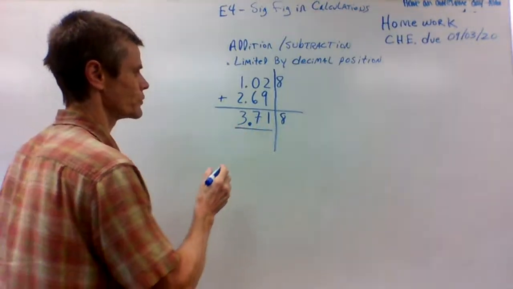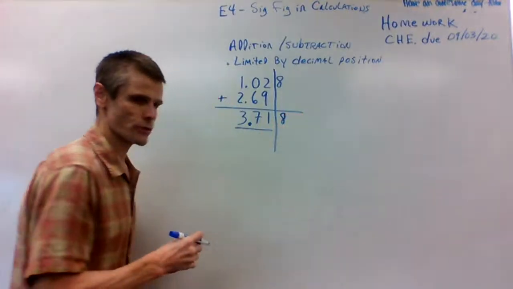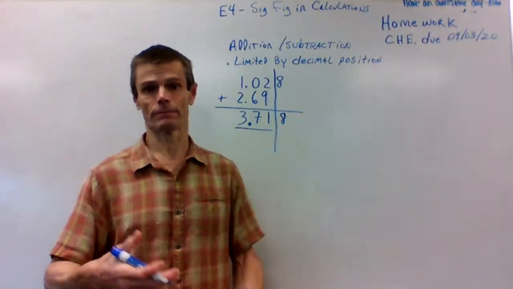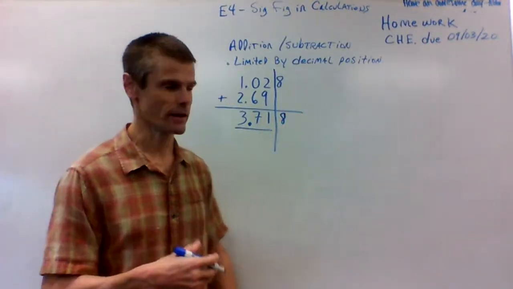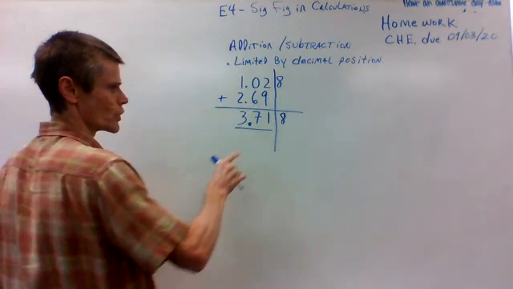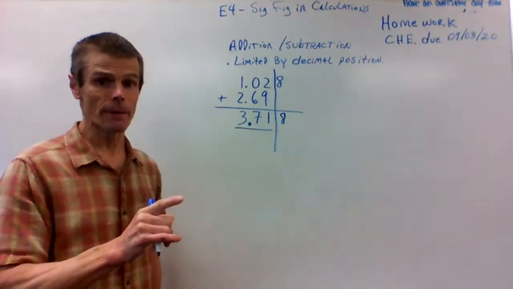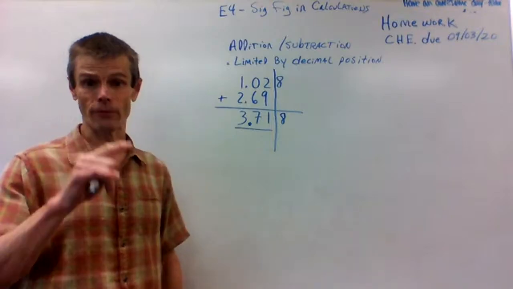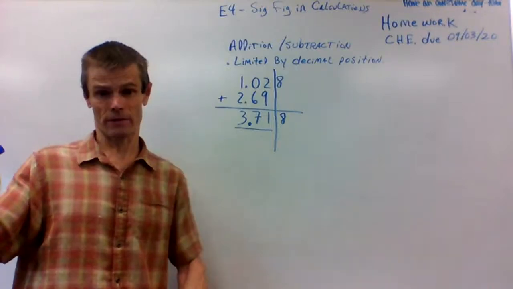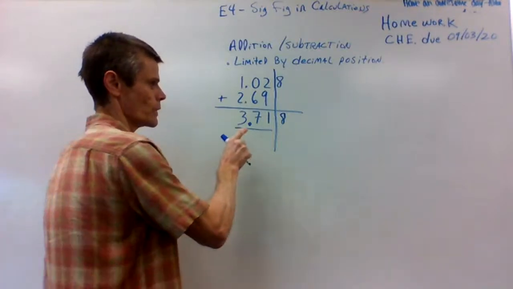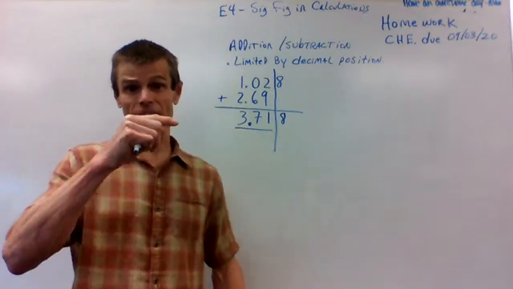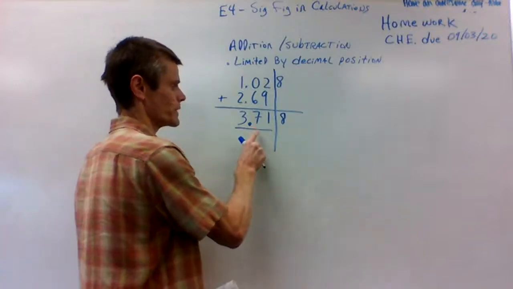But also we need to remember rounding rules that we may have learned maybe in a math class earlier in our life. When we're dropping this 8, what that tells us is, 5 or greater, we round up. If it's less than 5, we would retain that.